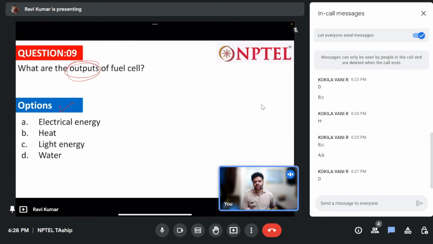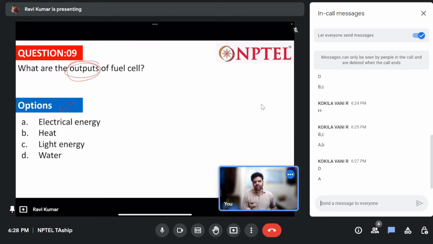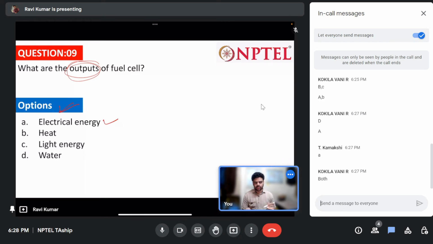So are we using fuel cell only for water? So now you are saying only one, or A or D both? Okay, A is right. Kokila saying water as well.